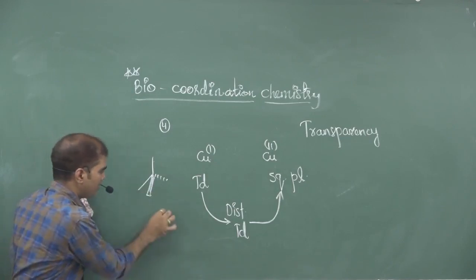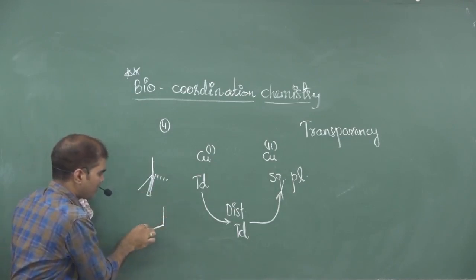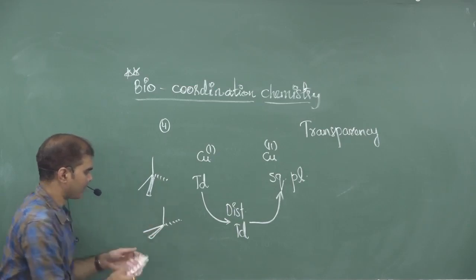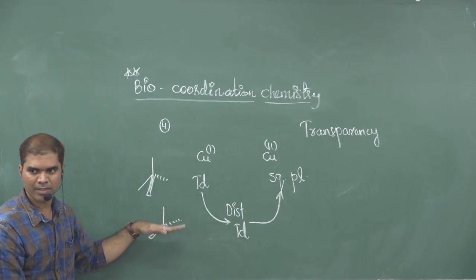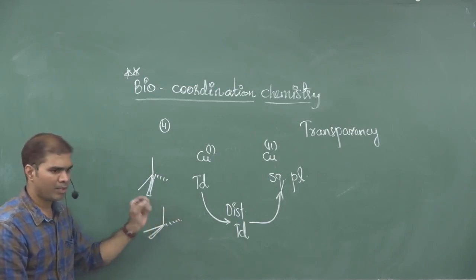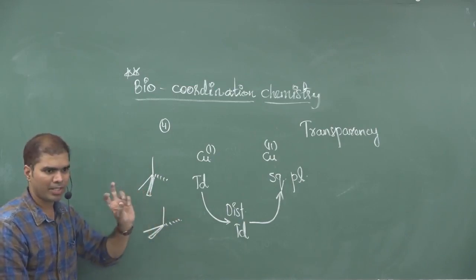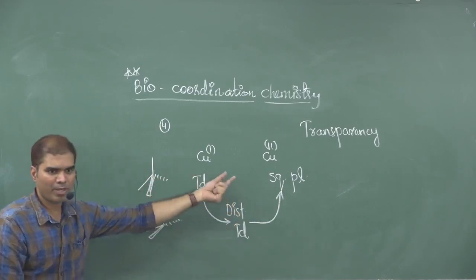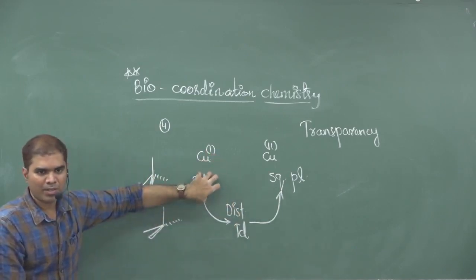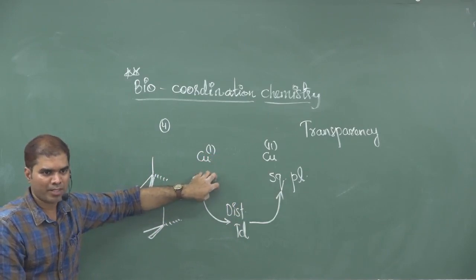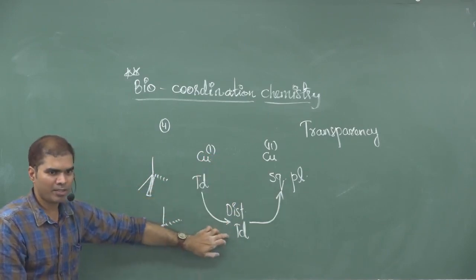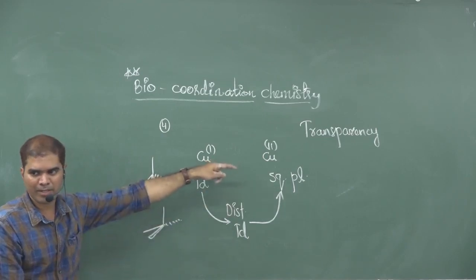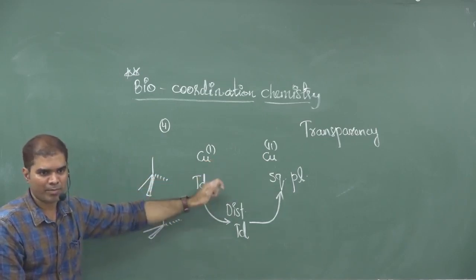But instead of a perfect tetrahedral, suppose if it is almost like a square plane, like a distorted tetrahedral, then to move into square plane it requires lesser energy. So nature is improving itself so that moving from a tetrahedral to square plane, which needs more energy, it is not fixing itself into a perfect tetrahedral, it always fixes itself into a distorted tetrahedral so that it can easily transfer into square plane. This is called evolutionary improvement.